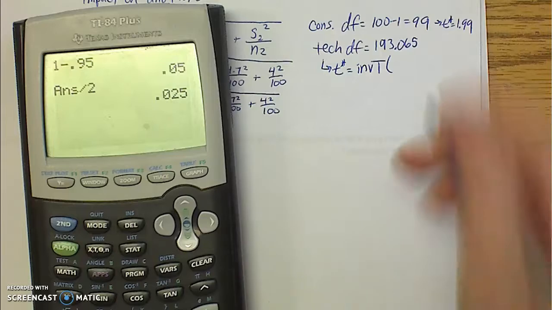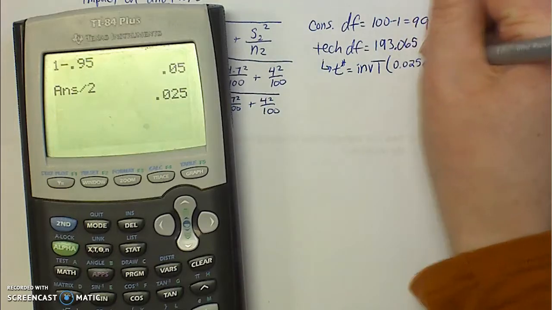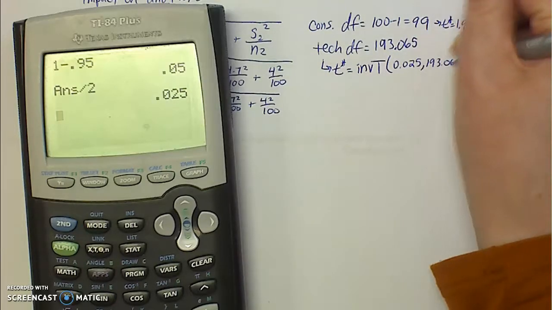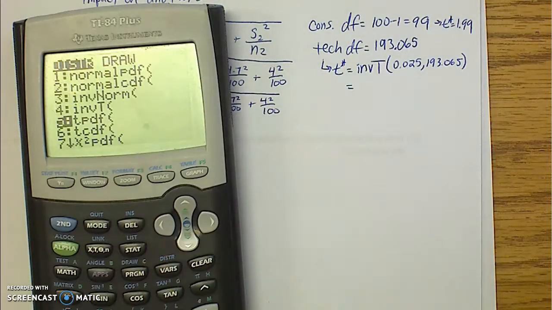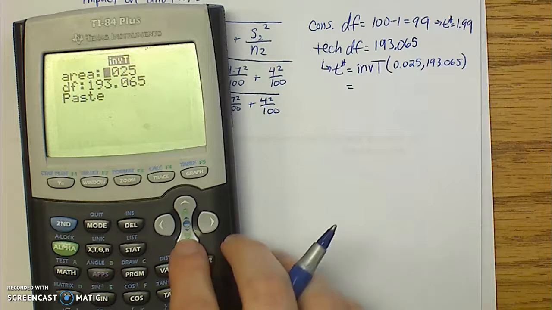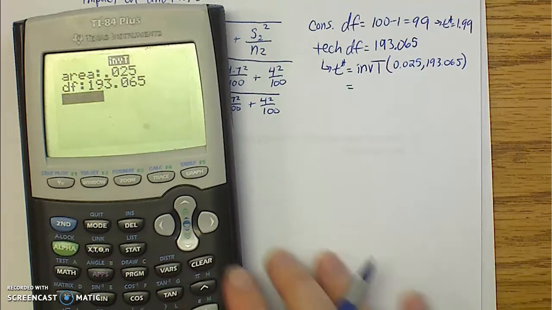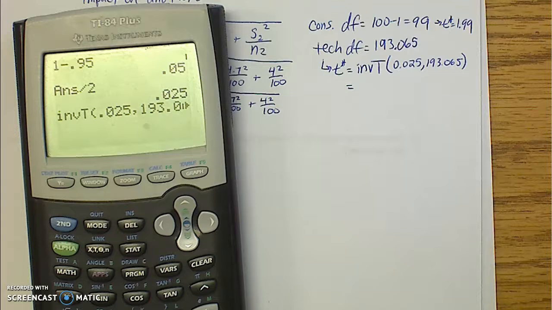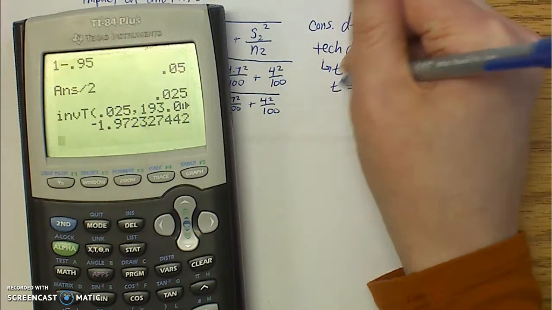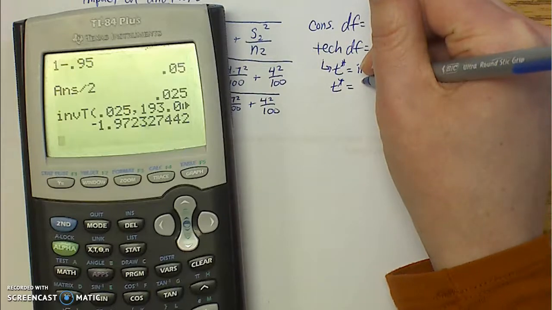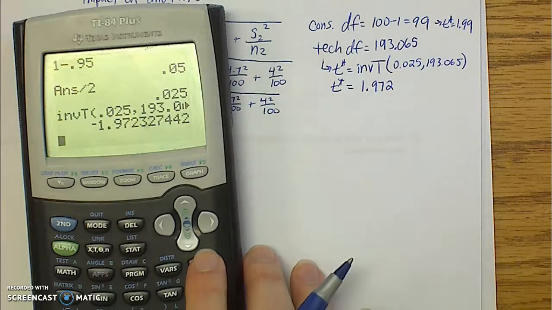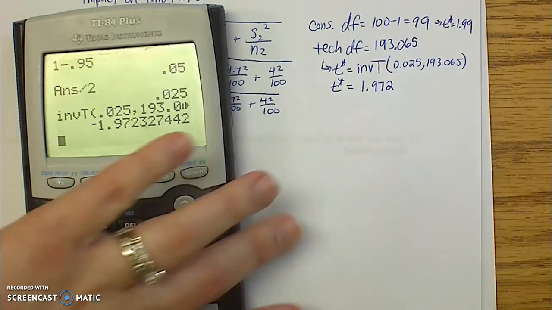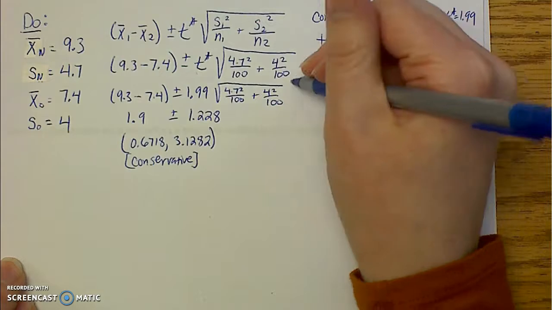So that's my area. 0.025 using 193.065. So I go to second vars, inverse t. Oops, too far. 0.025 degrees of freedom. Paste that on in there. And I get a t-star of, and we always use the positive version, 1.972. But again, I didn't really need all that unless you wanted to put it in here.